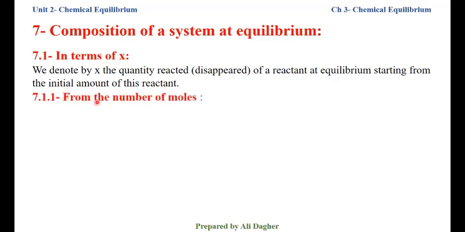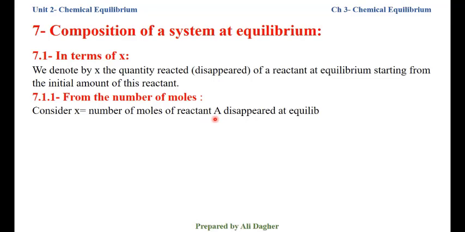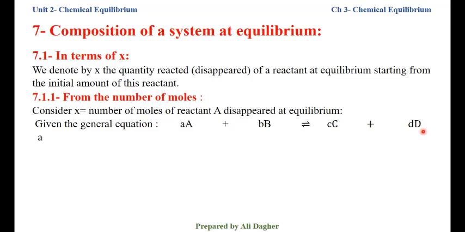Composition in mole from the number of moles. X is the number of moles of reactant A, for example, disappeared at equilibrium for the general reaction aA plus bB gives cC plus dD.